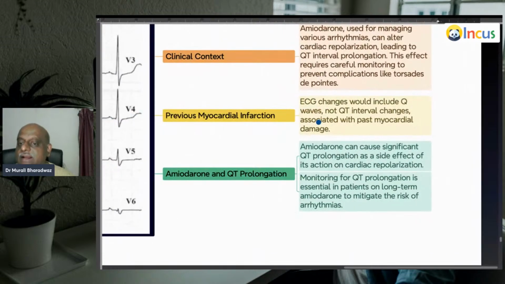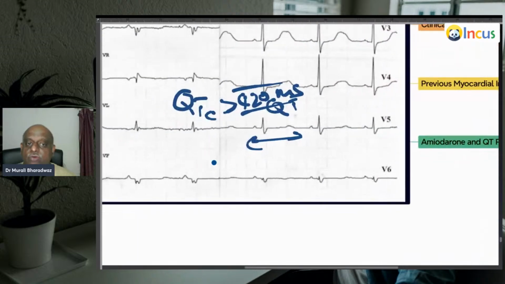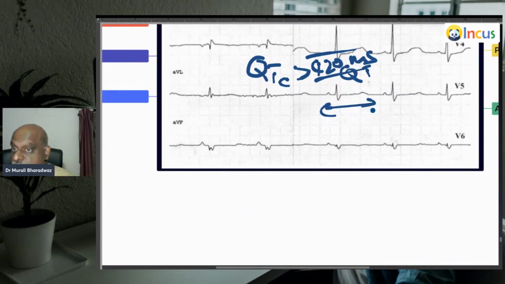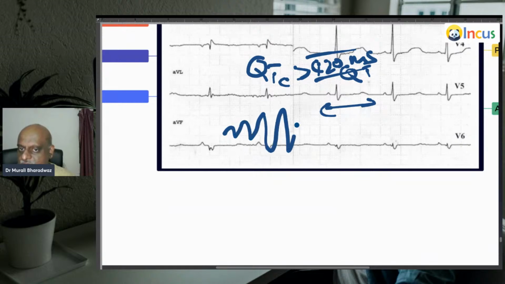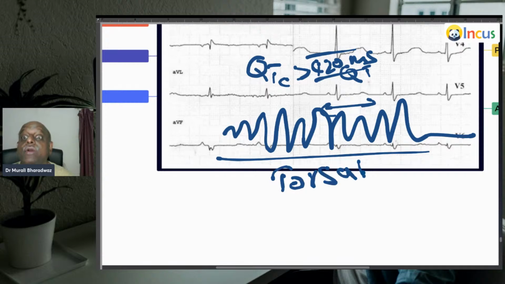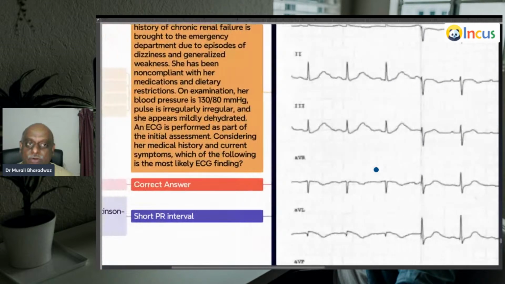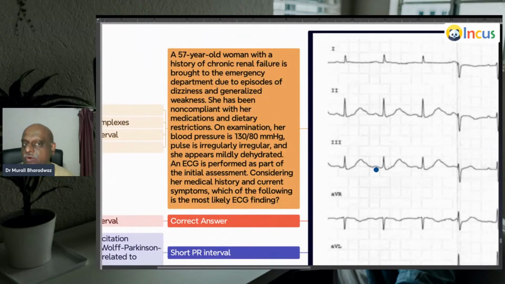And that is a classical feature of amiodarone. And this prolonged QT, what are you worried about? If the QT becomes so prolonged, it can lead to development of polymorphic ventricular tachycardia, which is called torsades de pointes, is what you need to remember. Now, a 57-year-old with a history of chronic renal failure.